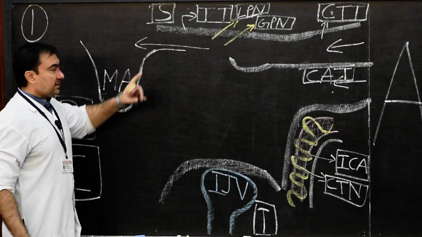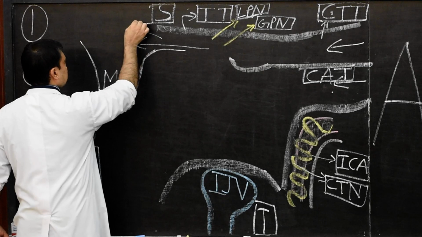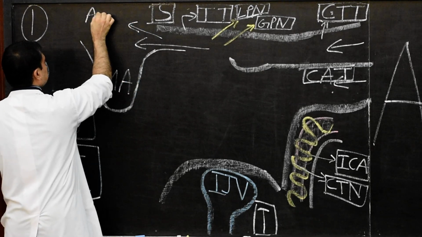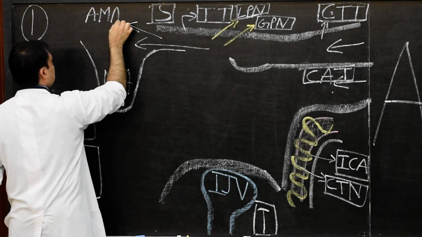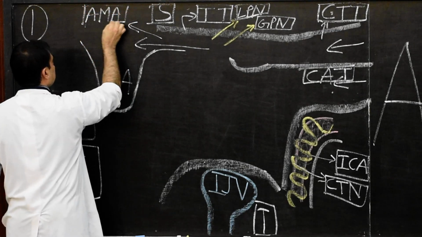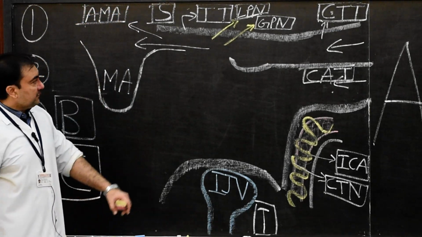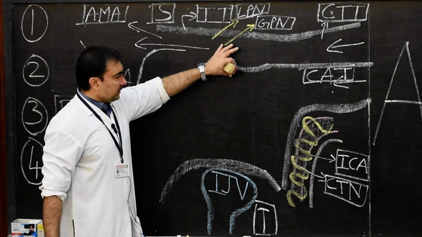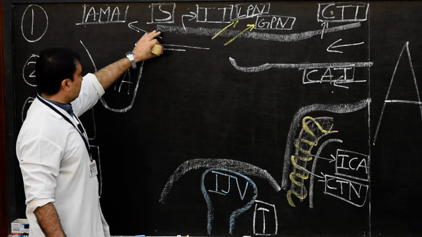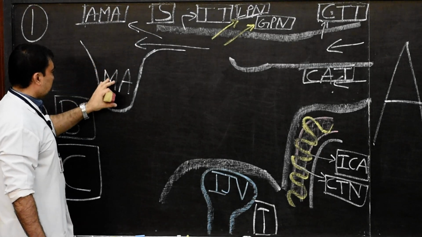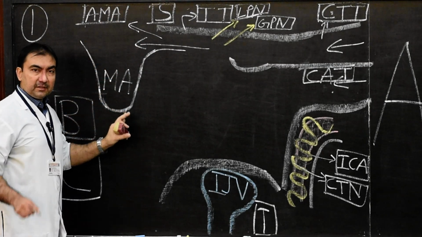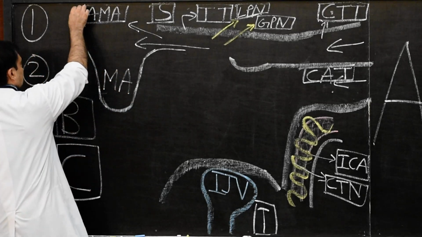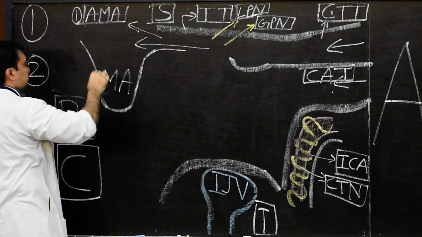Posteriorly, this will be known as aditus to mastoid antrum. It is a passage towards the mastoid antrum, in which this space is epitympanic. The epitympanic part of the middle ear cavity will communicate through the aditus into the mastoid antrum posteriorly. This is the first structure. I will name this as first.